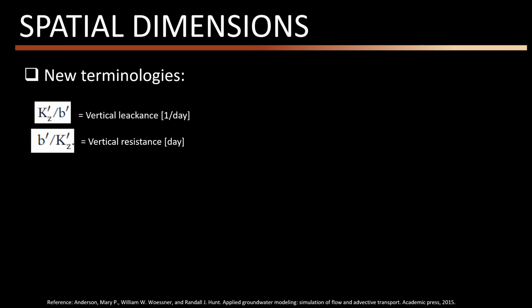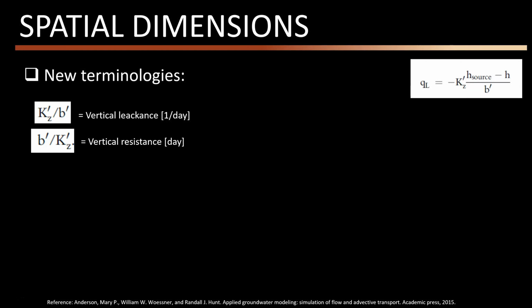So let me introduce two terminologies that sometimes we see in the groundwater textbooks. As you see, if this is Darcy's law, technically this term is sometimes called a leakance term in the textbooks and groundwater literature. So here it is a vertical leakance, that would be horizontal leakance, but this is a leakance term.